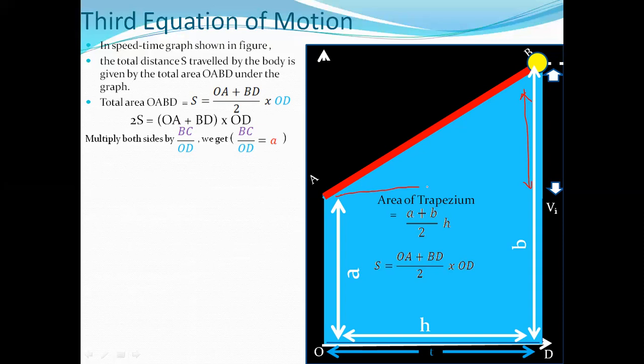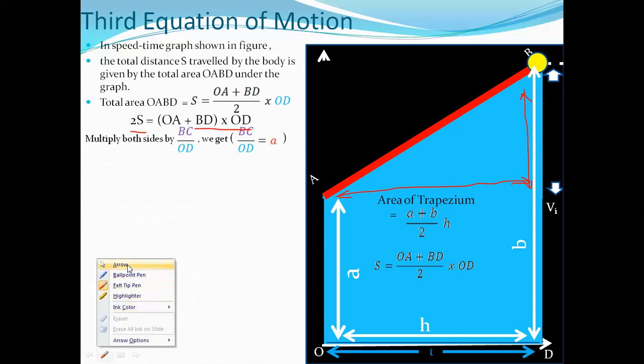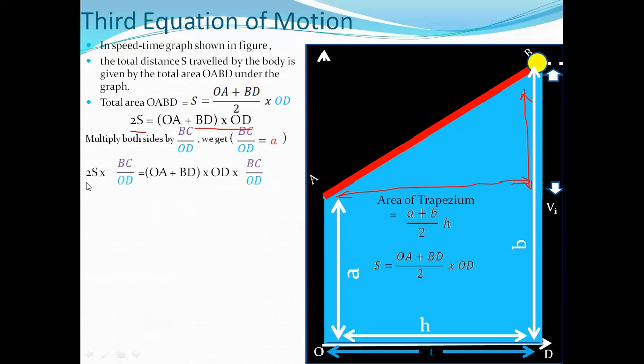You can say OD or AC, it's the same thing. So we'll get the slope. So we are multiplying this equation by BC over OD. 2S into BC over OD is equal to (OA plus BD) into OD into BC over OD.